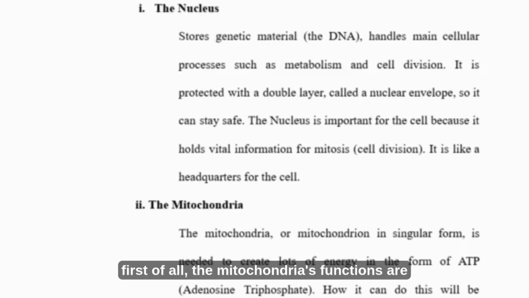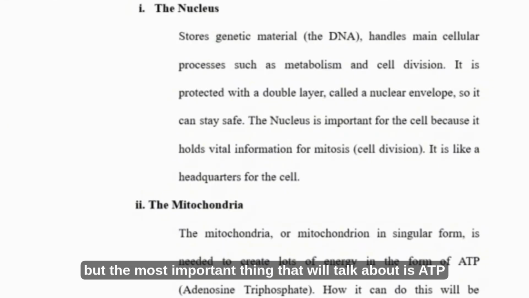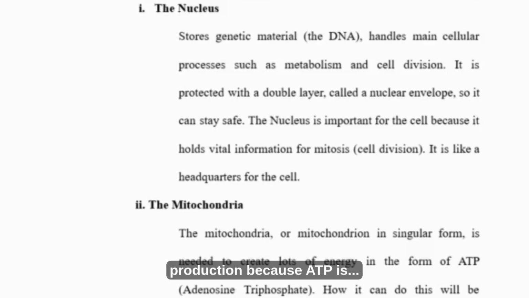So first of all, the mitochondria's functions are ATP production, calcium storage, programmed cell death, heat production, metabolic functions, and signaling. But the most important thing that we'll talk about is ATP production, because ATP is energy.